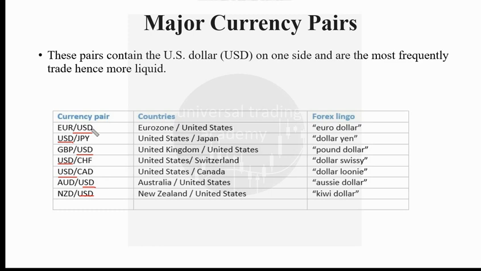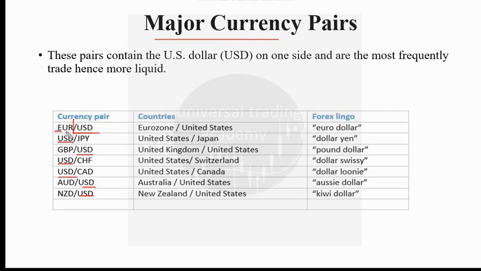Now the second characteristic of the major pairs is that the other half of the pair is a major currency. Remember the 8 major currencies we discussed in the previous lesson? For a major currency pair, one of the components must be the US dollar and the other must be one of the major currencies.